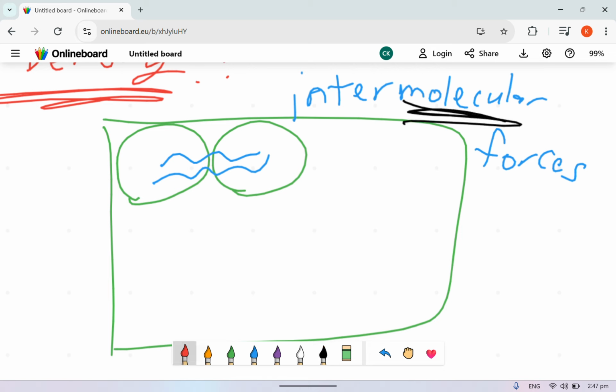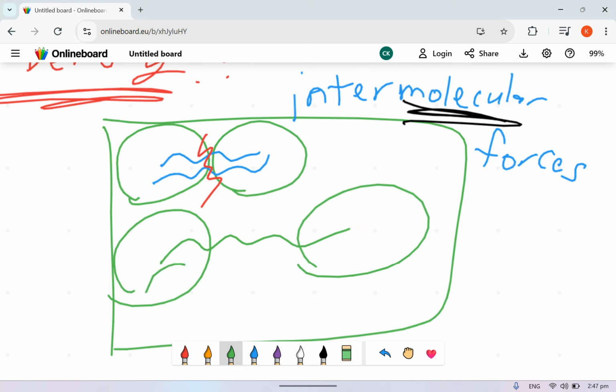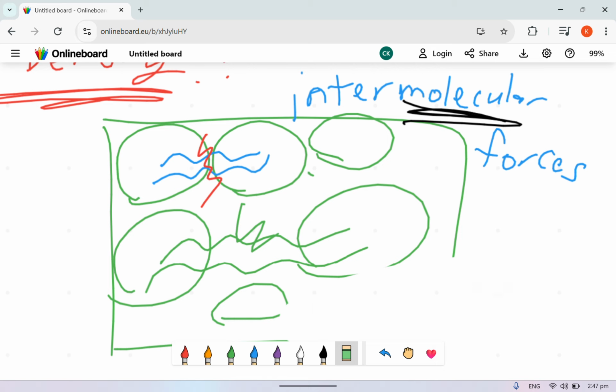So, they're held by this. But when they're heated up to a liquid, they will slowly break apart and lose connection. There will still be intermolecular forces, but they will be weaker. So it will be packed a little bit more loosely. You can see gaps here and there in liquids.